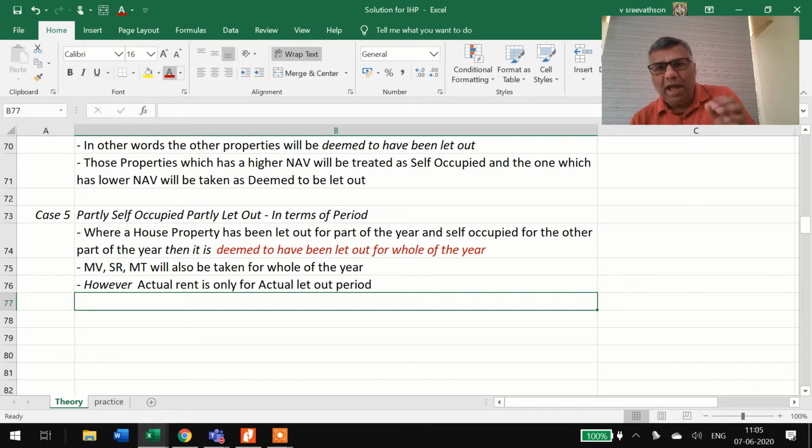So where a house property is self-occupied for a part of the year and let out for the other part, it is deemed to be let out for the whole of the year. Municipal value, standard rent, municipal taxes, everything I will take for the whole year. Actual rent for the actual let out period, then go for the steps.